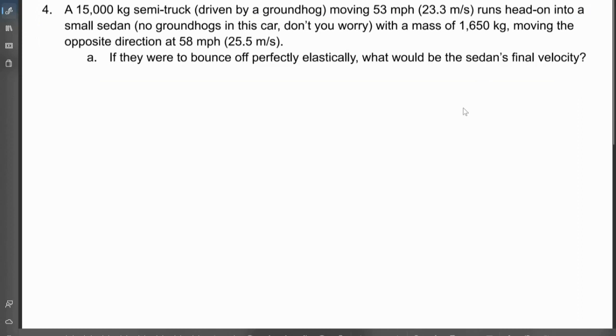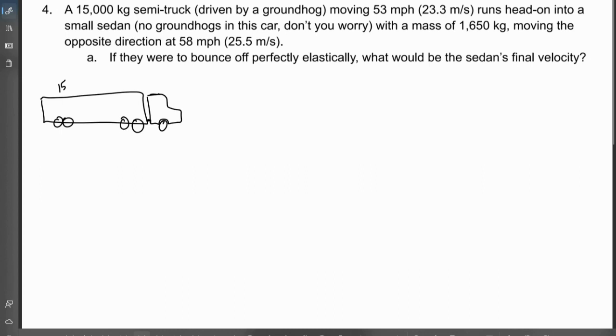We've got a semi-truck. There's the truck, and that was the trailer. 18-wheelers have, I think, that many wheels. Something like that. Okay, there's our semi-truck.